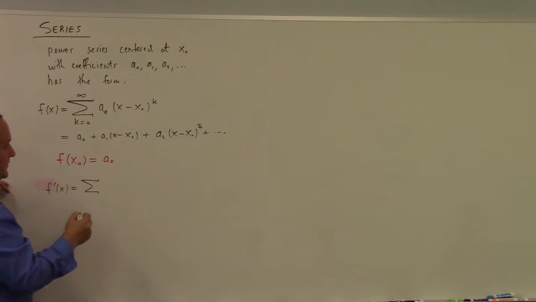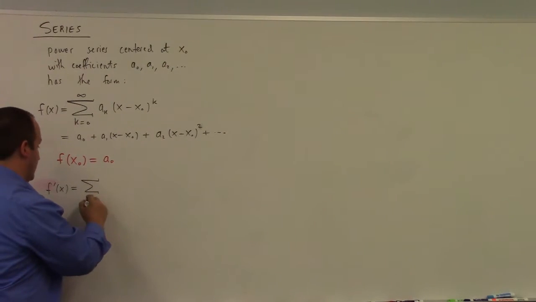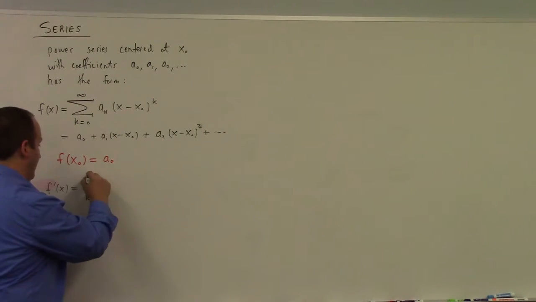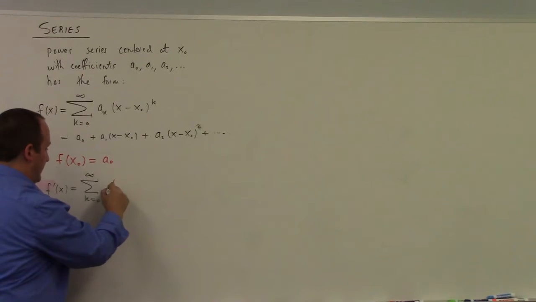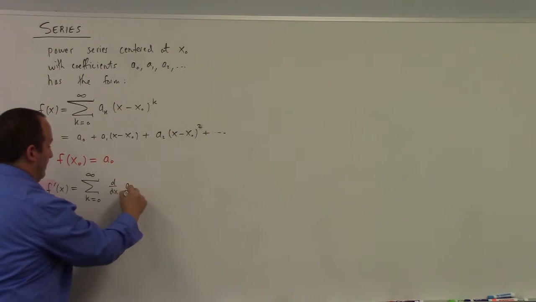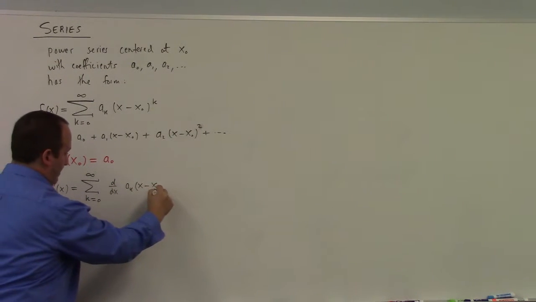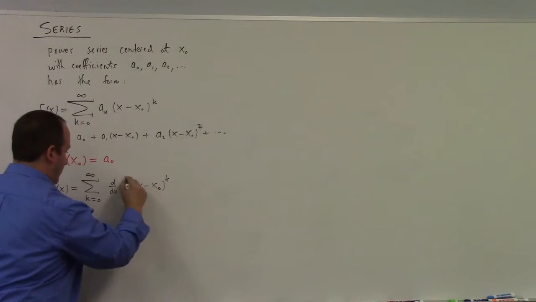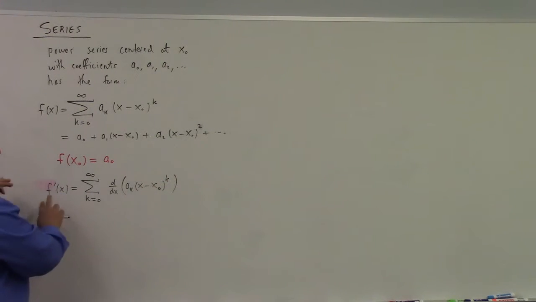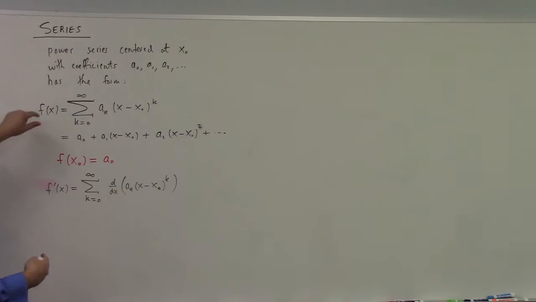So the derivative of a power series is simply, you can bring the derivative inside. You can visualize it in your mind: there's a d/dx before the infinite sum, and we bring it inside. That's a non-trivial analytic step that takes a fair amount of doing to prove, but it can be proved that that's reasonable for power series.